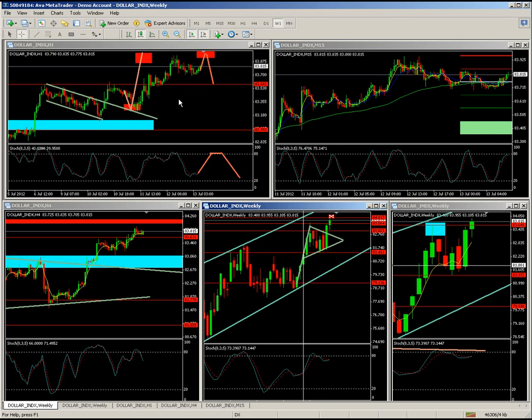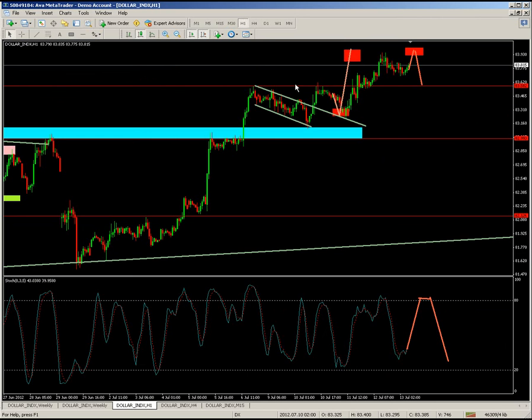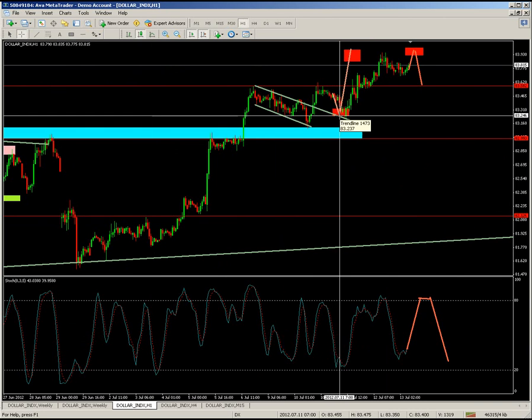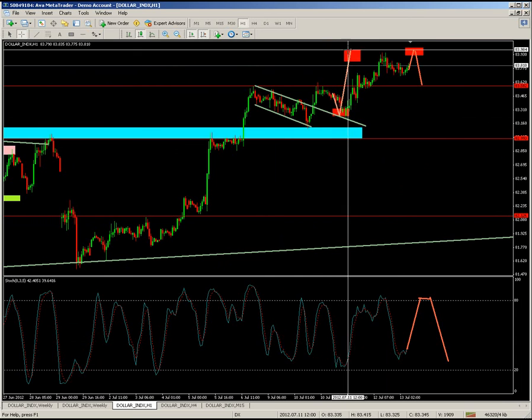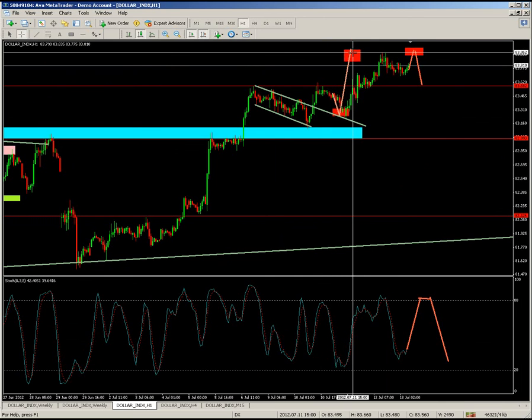Okay, and let's move down to the hourly chart. This is where I do my trade planning. Now we can see the plan that I did on Wednesday. It manifested pretty much, well, it came into the zone, which is the most important thing.